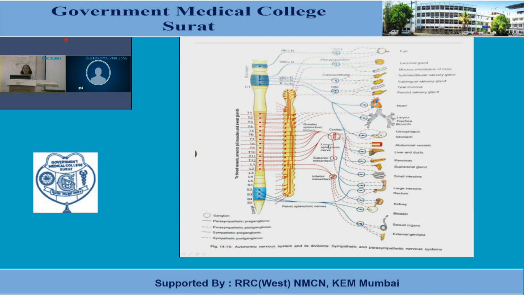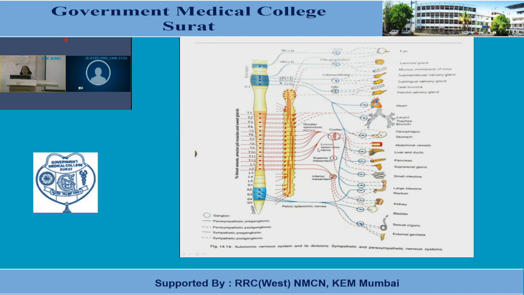So here you can see the figure showing the greater splanchnic nerve, formed by T5, 6, 7, 8 and 9. All collectively constitute to form the greater splanchnic nerve, connected with the celiac trunk of the abdominal cavity, which arises in front of the abdominal aorta and supplies the viscera.